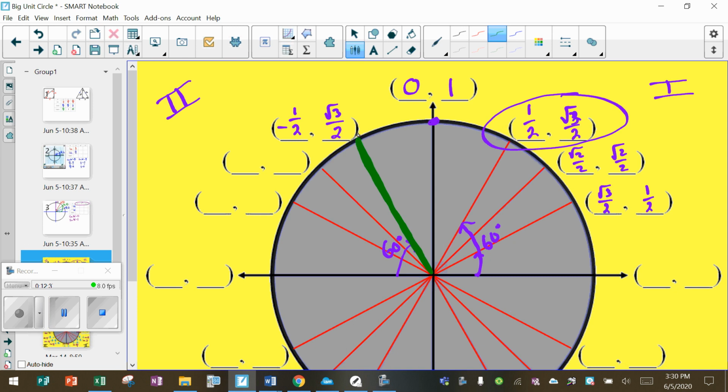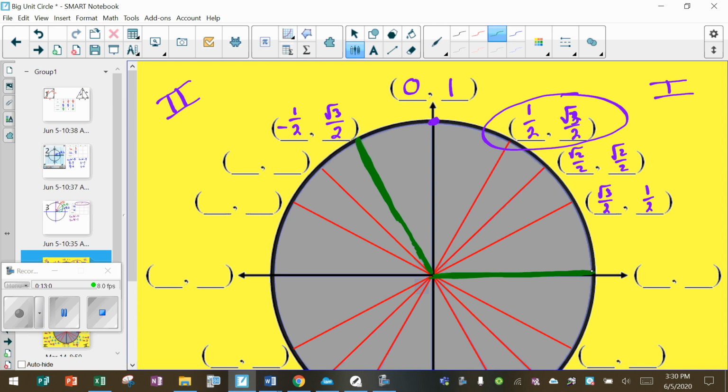When we're talking about the angles, we are always measuring from the positive x-axis. The reference angle will go from the nearest x-axis, but the major angle measure, the main angle measure, is measured from the positive x-axis.